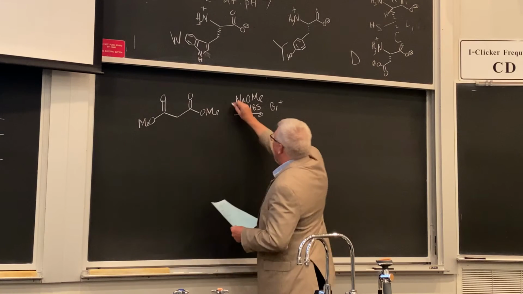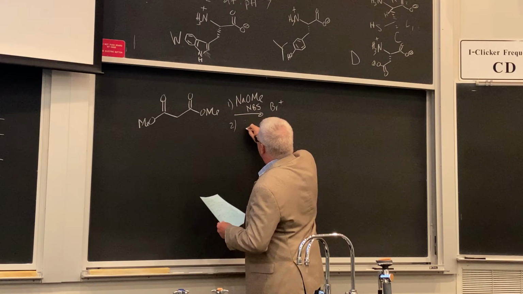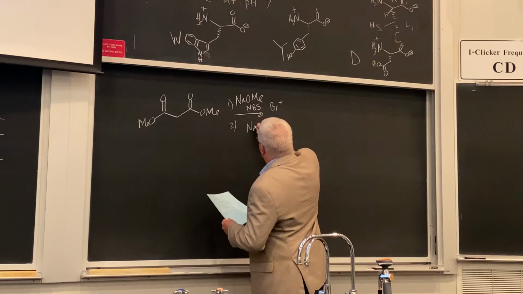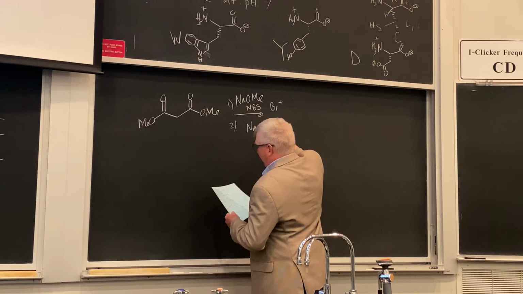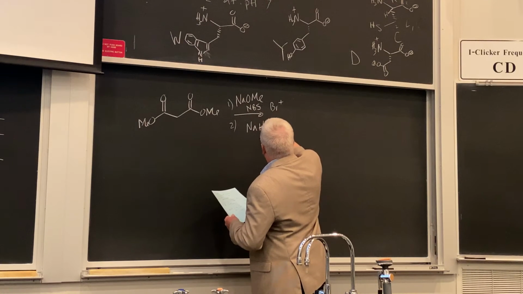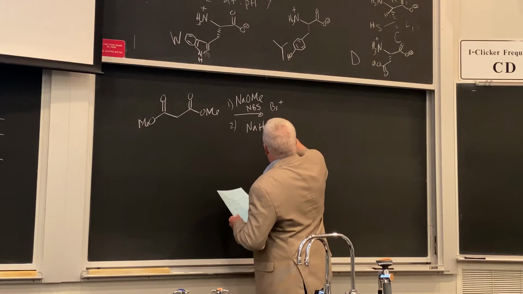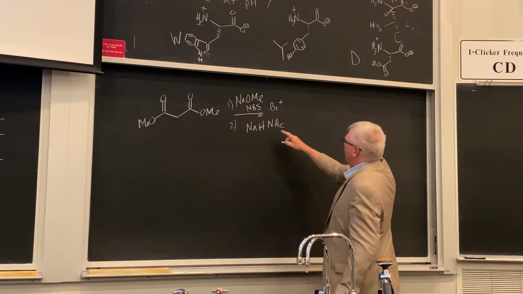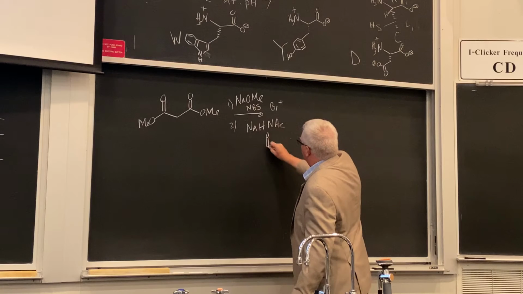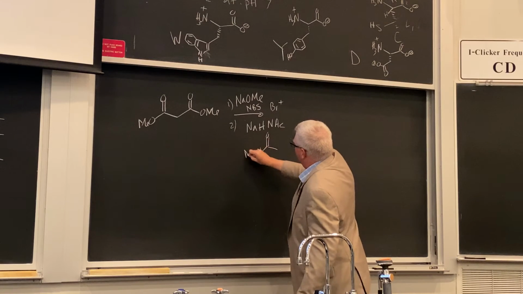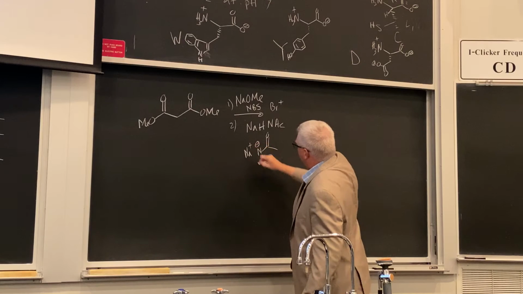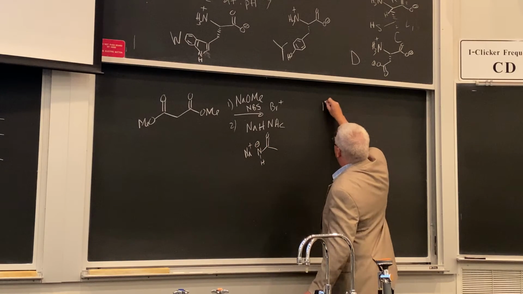Okay? We can then take that bromide and displace it with the sodium salt of acetamide. So we have the nitrogen with an acetate on it. What's this reagent look like? Well, it's the sodium salt of this. So that's the blown up thing of it. What do we get here?